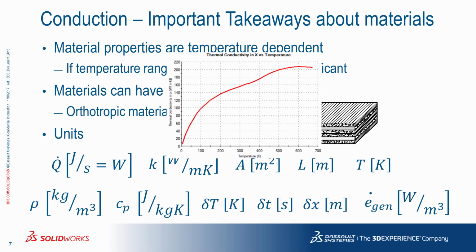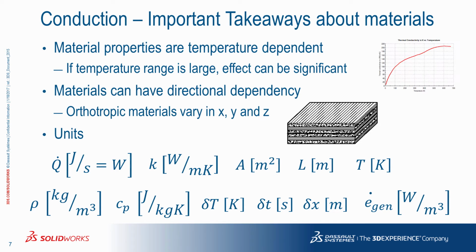Now, if the temperature difference was much smaller, say between 300 and 340 Kelvin, you only have about 5 watts per meter Kelvin difference in the thermal conductivity. So that could be assumed to be constant for a small range of values. If the temperature range is large, the temperature dependency of the material can be significant, so you want to include that.